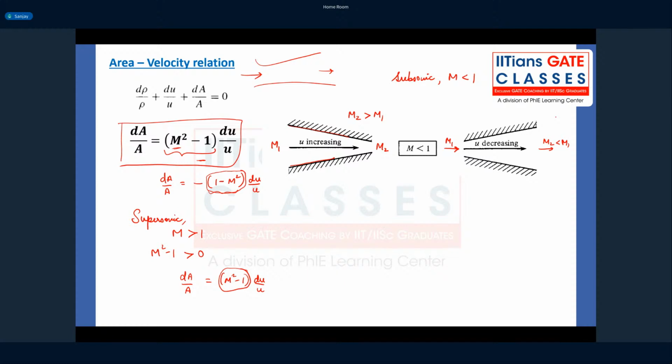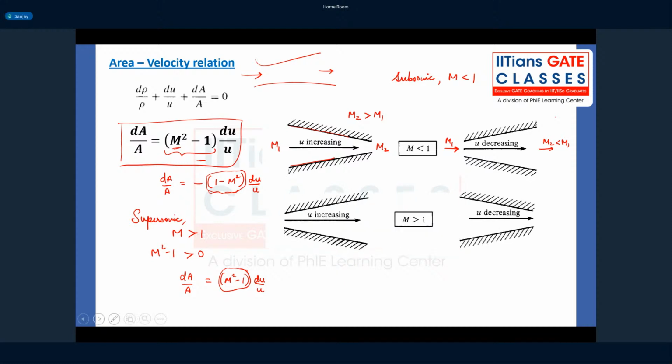This means dA by A and du by u agree with each other, in direct relation. If the area increases, velocity increases; area decreases, velocity decreases, and vice versa. This is what happens in a supersonic flow.